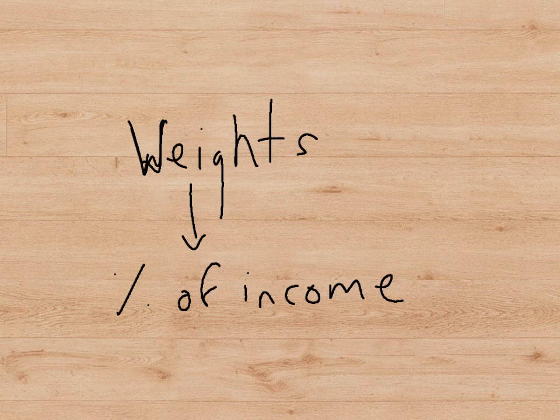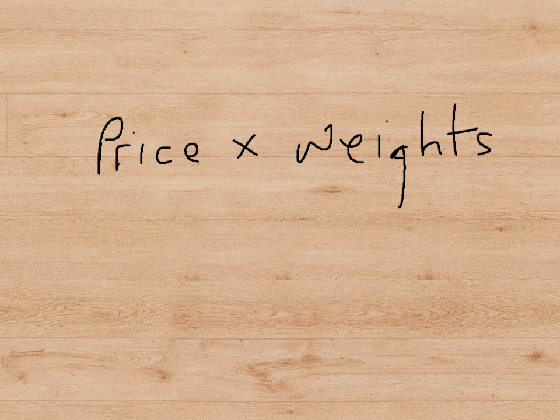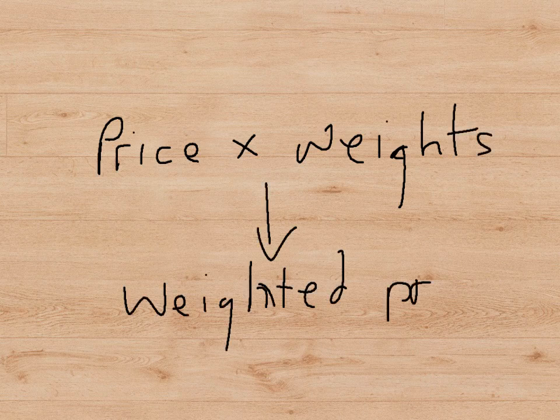And by multiplying the prices of the goods by the weights, we come to a weighted price, and this weighted price is then averaged across all the goods that we buy. And this gives us a weighted average. And this is the basis of forming an index number.